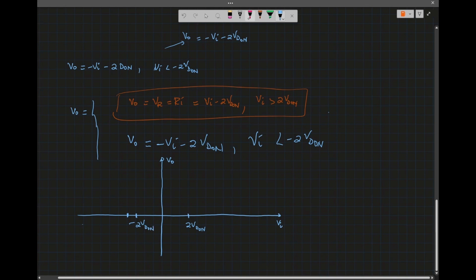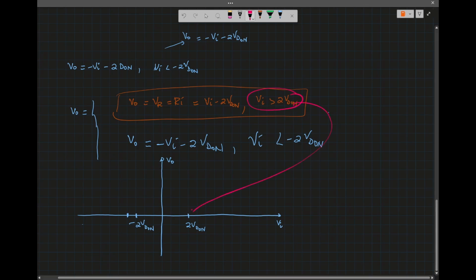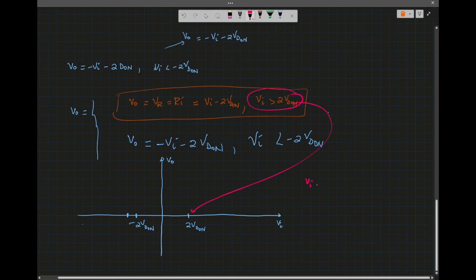So this condition is here. So VI is bigger than 2 VD on, then the equation is VI minus 2 VD on, so that's V0, so it's like MX plus B, so M equal to 1, B equal to minus 2 VD on.